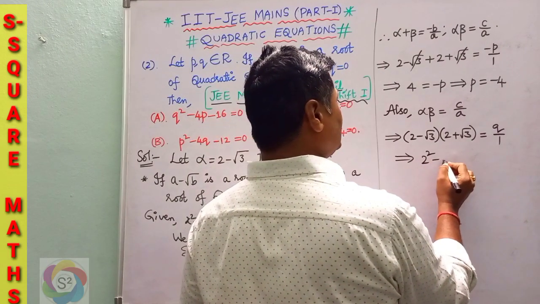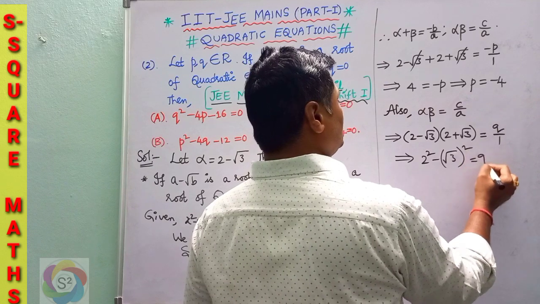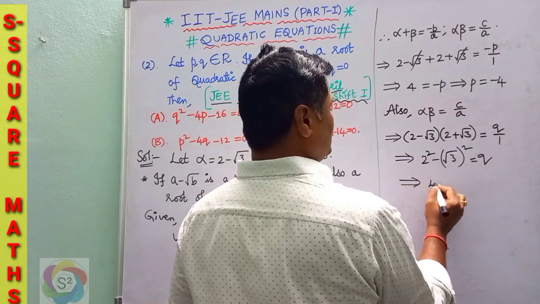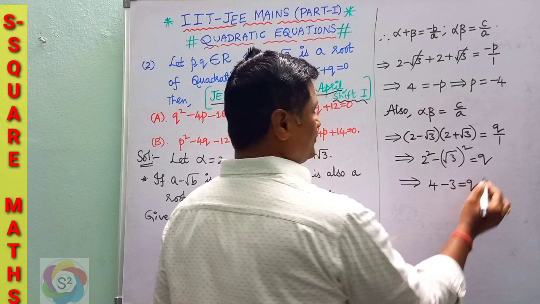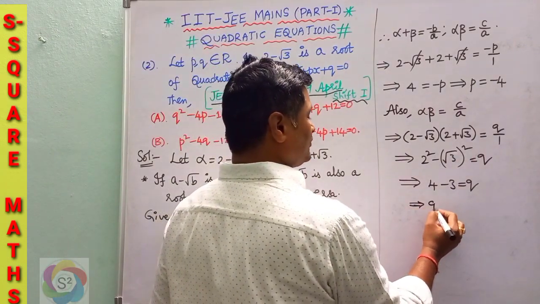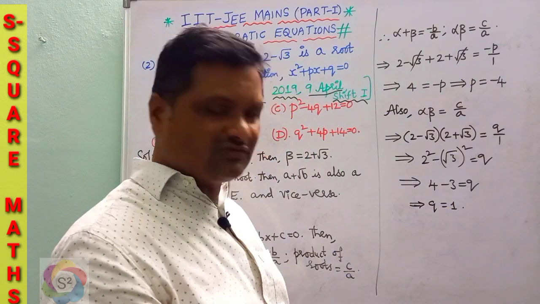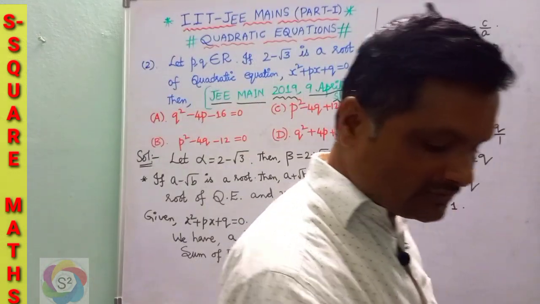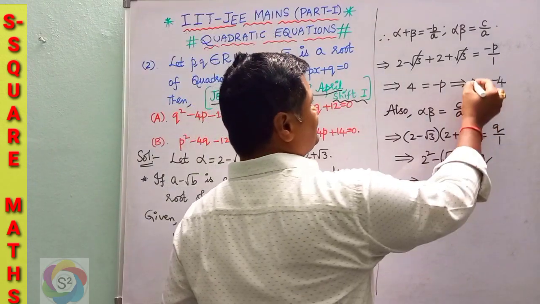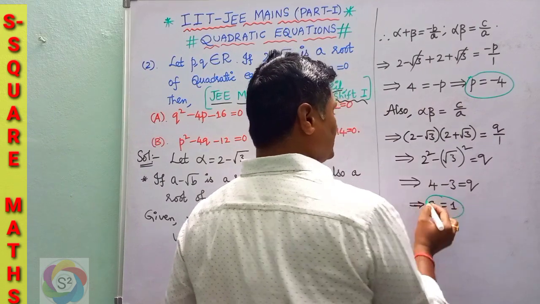So 2 square minus root 3 the whole square is equal to q. So 4 minus 3 is equal to q. Finally q is equal to 1. Now we got the values of p and q. What is our p value here? Minus 4, and q value is 1.